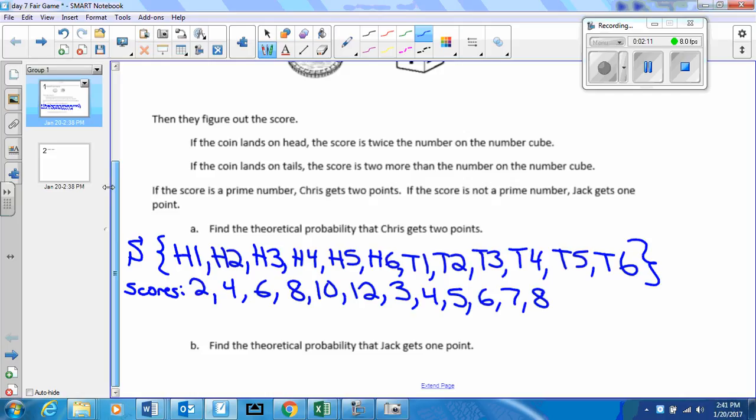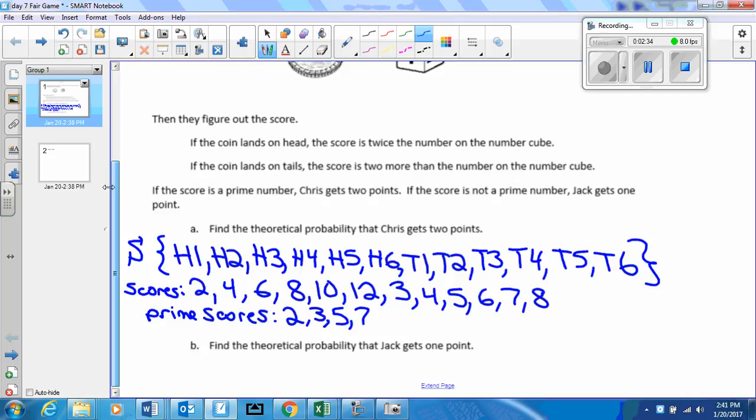Looking at those scores, if it's a prime number, Chris will get 2 points. So looking at the prime scores, we have 2 is prime, 3 is prime, 5 is prime, and 7 is prime.